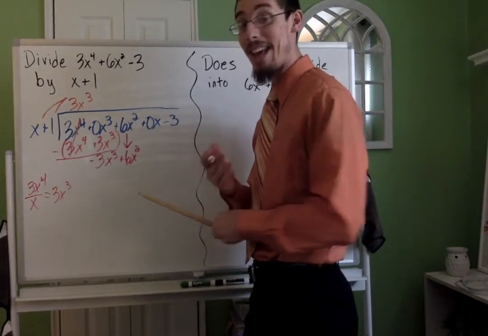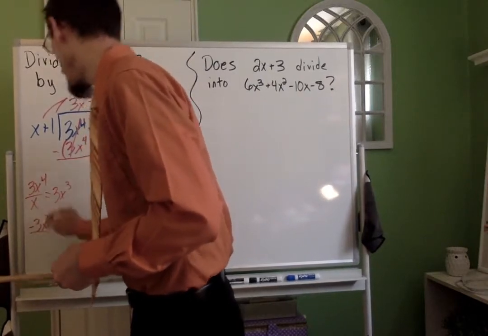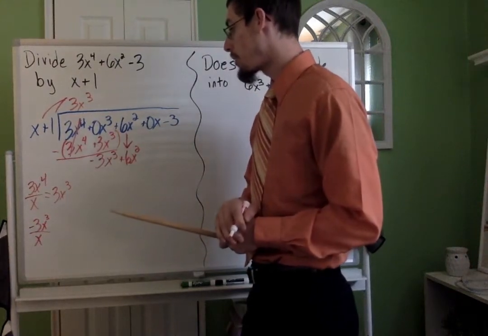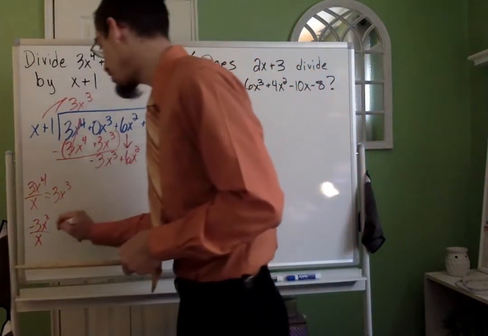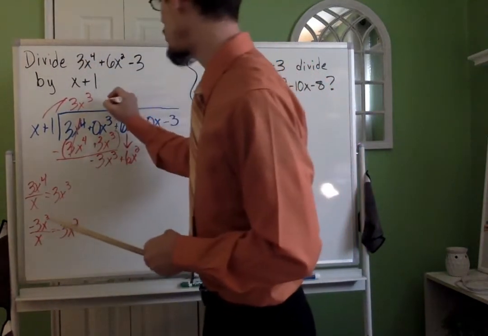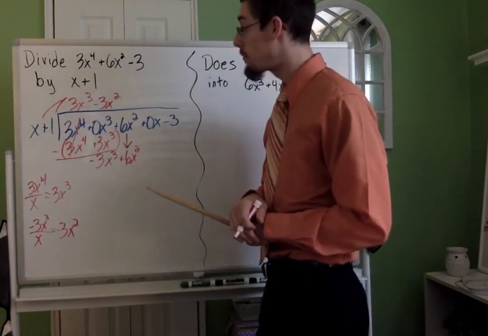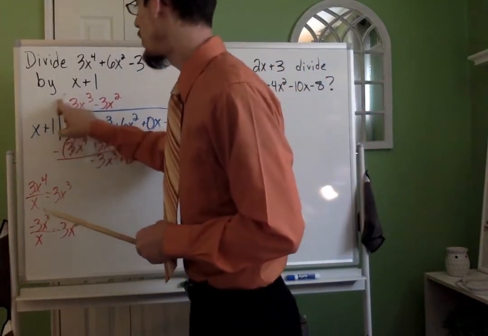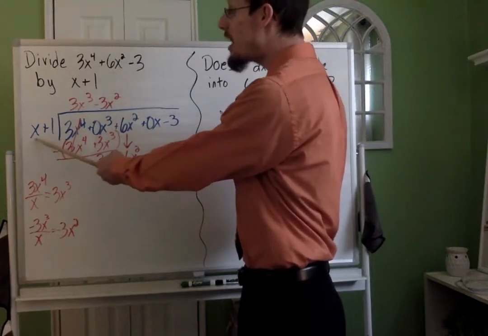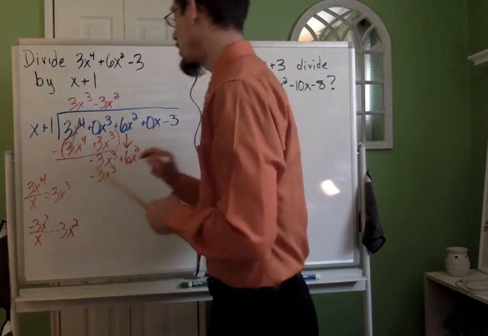Go through the process again. Take the term, negative 3x cubed, divided by that first term, x. So the result of that would be negative 3x squared. Which means this next term is minus 3x squared. Then distribute it, right? Negative 3 times x, negative 3x to the third.